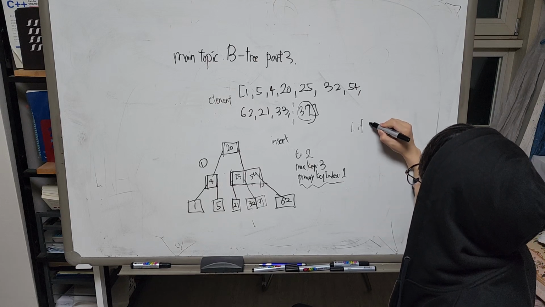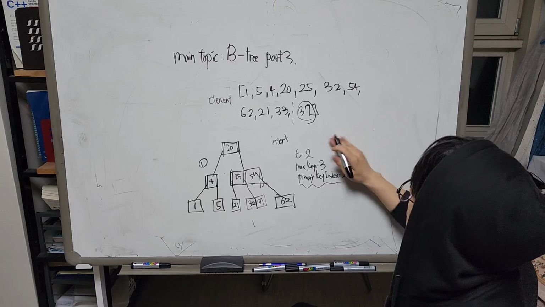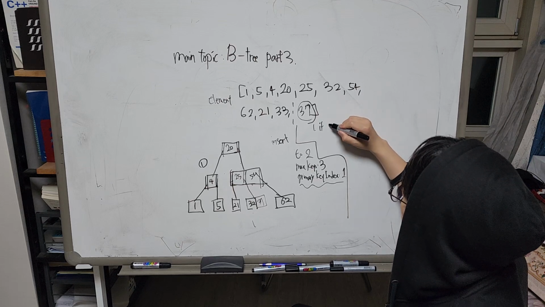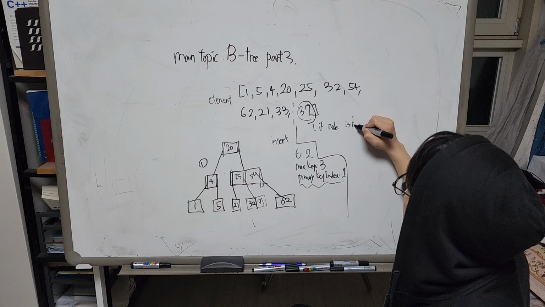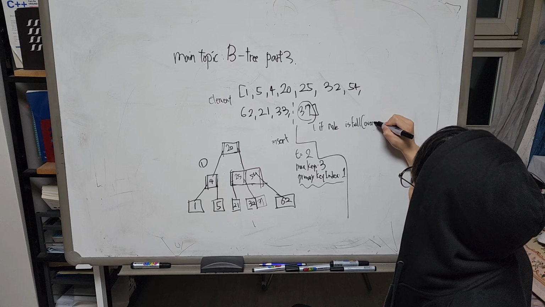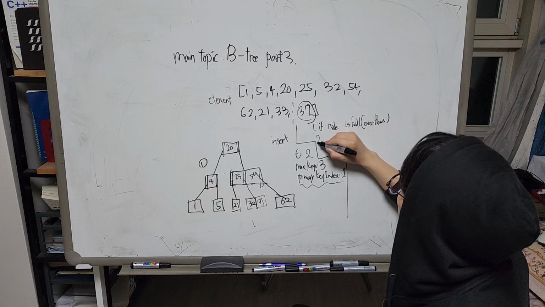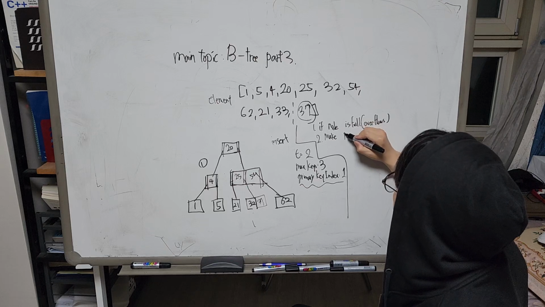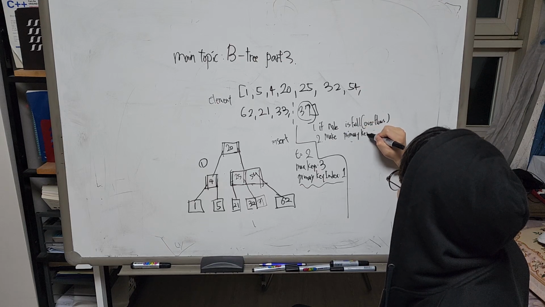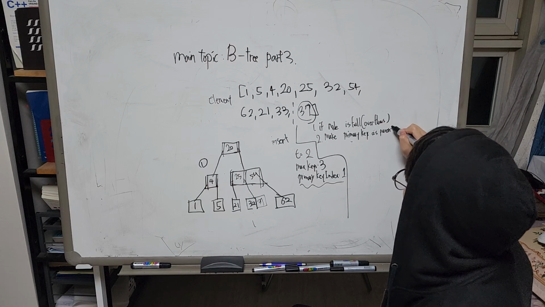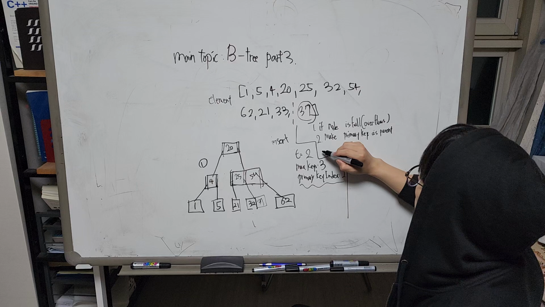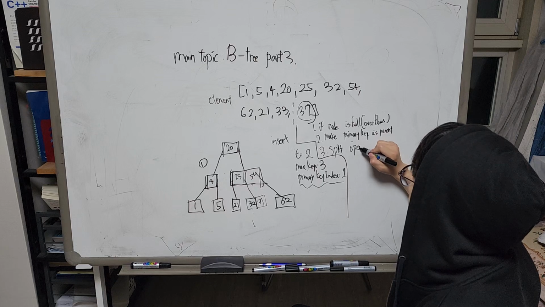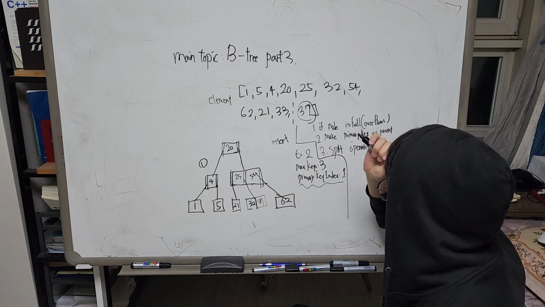If the node is full, which also means that it overflows, make the primary key a parent, which means, sorry, my English is not that good, do the split operation, because you have to split, right?